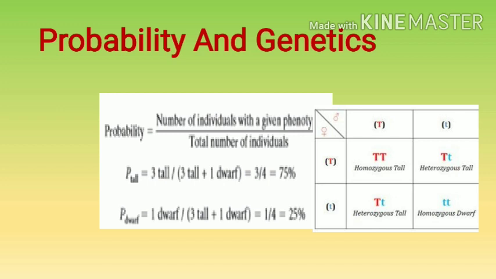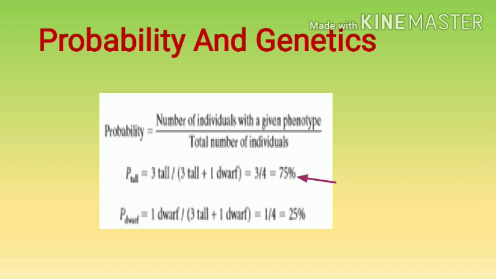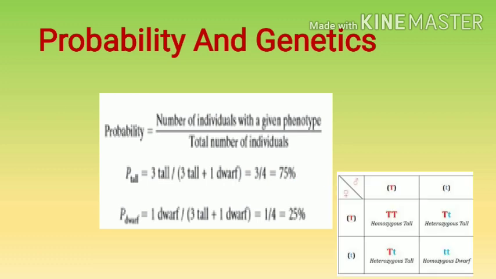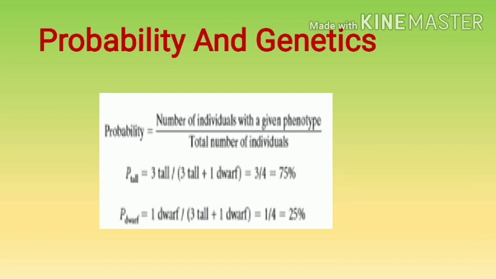So the overall probability of getting a tall plant is 75%. In the same way, the probability of getting a dwarf plant is 1 divided by 4, where 1 is the homozygous recessive dwarf plant out of the 4 outcomes from the Punnett square. So the overall probability of getting a dwarf plant is 25% only.